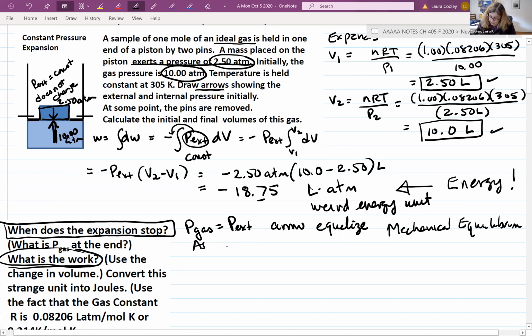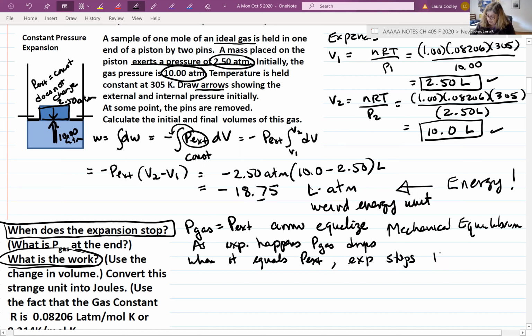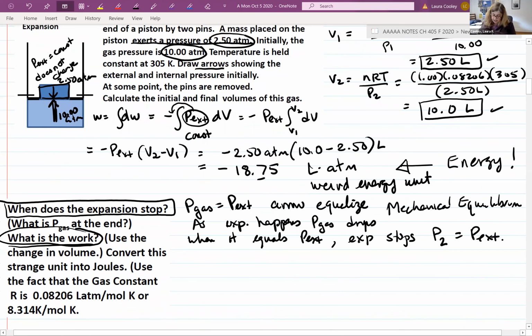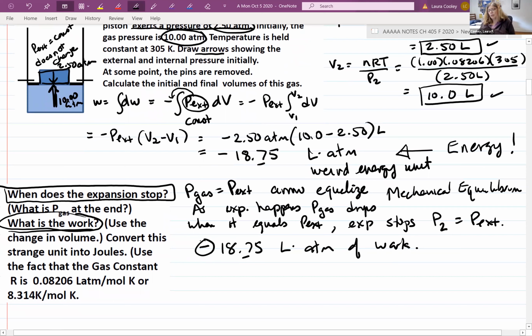Because as the expansion happens, P gas drops as it's expanding. When it equals P external, the expansion stops. And the final pressure is the external pressure. So we did 18.75 liter atmospheres of work, and it's negative because the system is doing it.